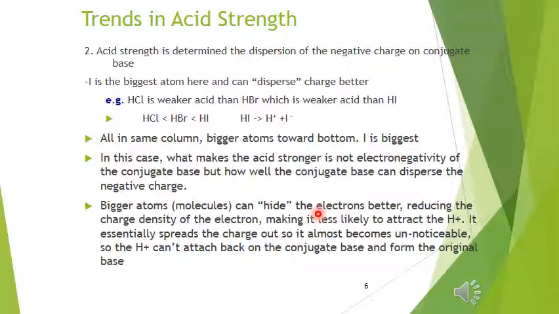First of all, if the atom that's attached to the H can grab a whole electron and hang on to it really well, better than the H plus, then the H plus can't do it, and so it can't reform. And then if the negative ion can spread out the charge, then it also makes it hard for the H plus.